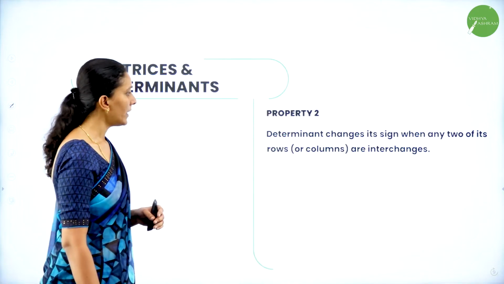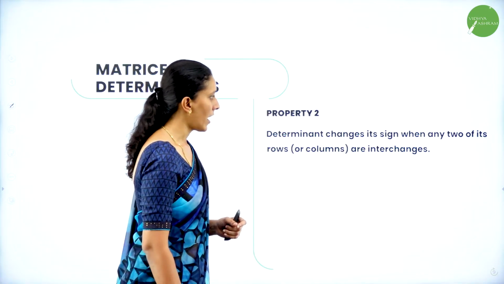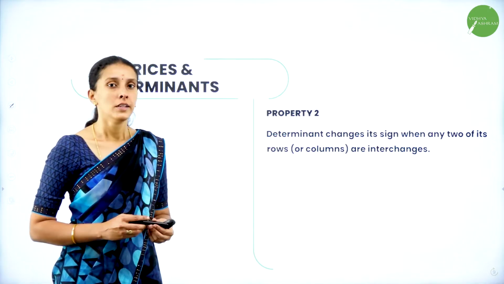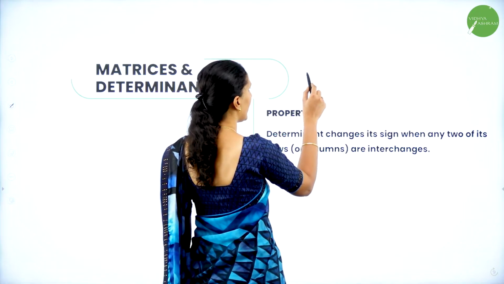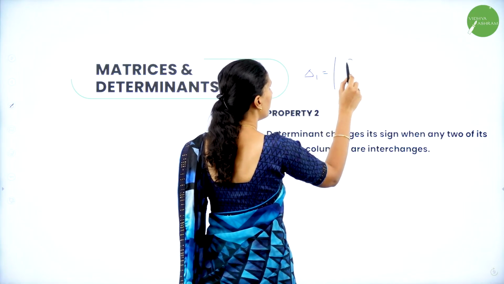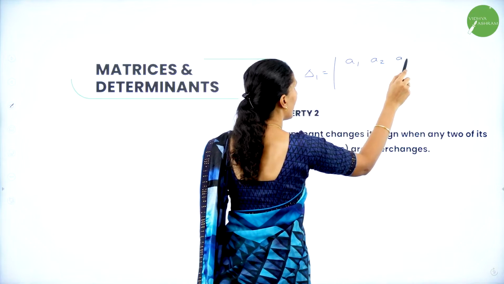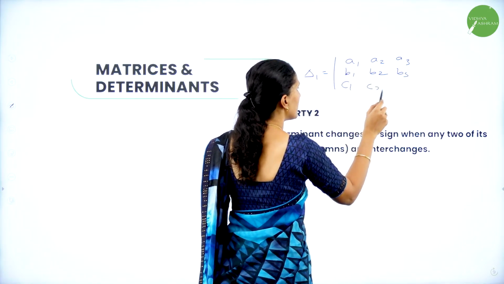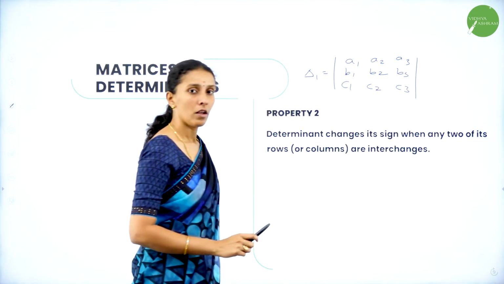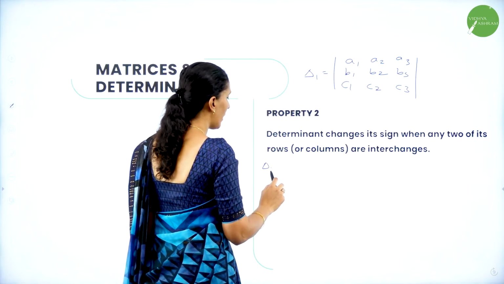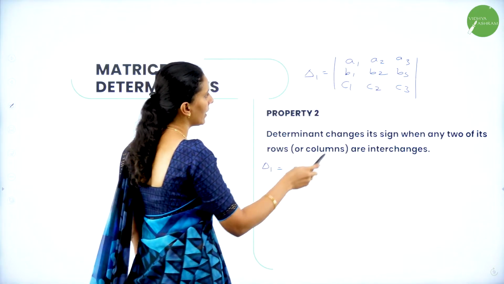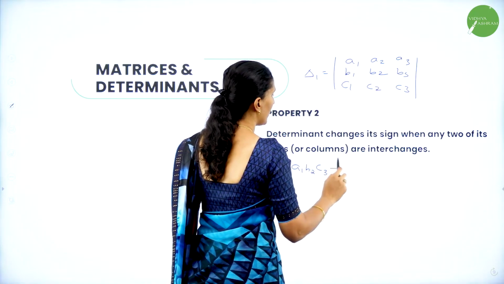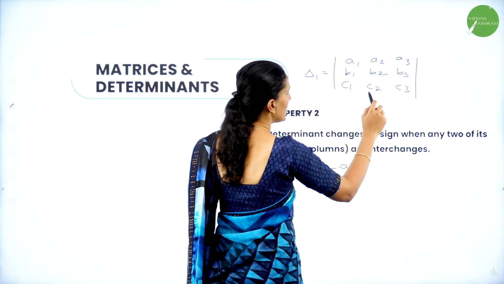So the next property: a determinant changes its sign when any two of its rows or columns are interchanged. Suppose let me take delta 1 in the form of A1, A2, A3, B1, B2, B3, C1, C2, C3. If I calculate delta 1 and write the value directly, I will get A1 B2 C3 minus A1 C2 B3.